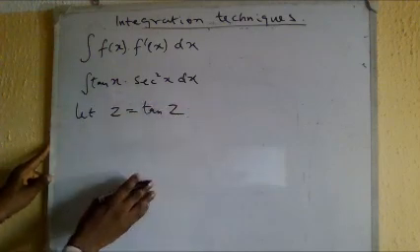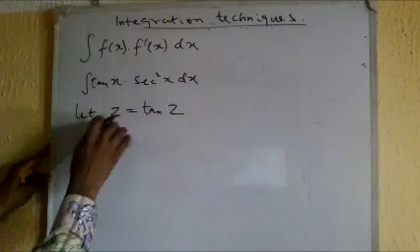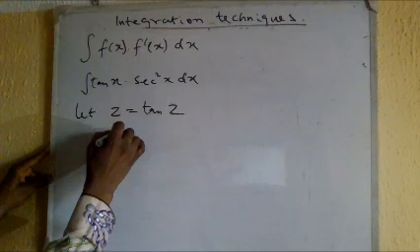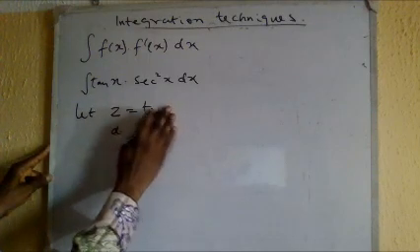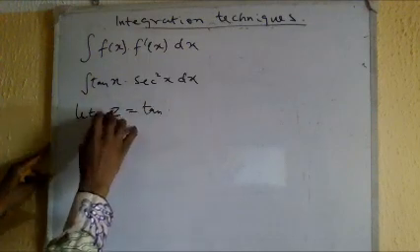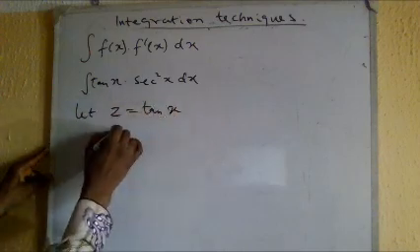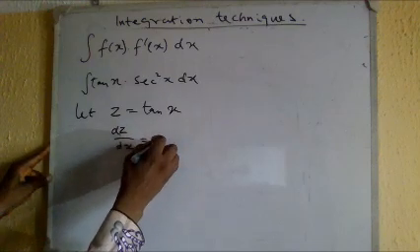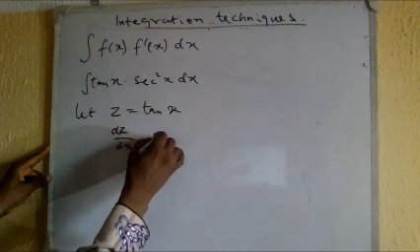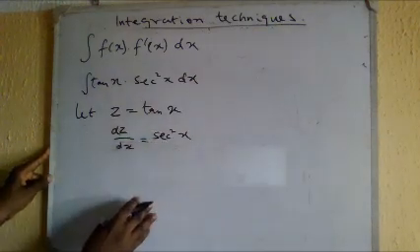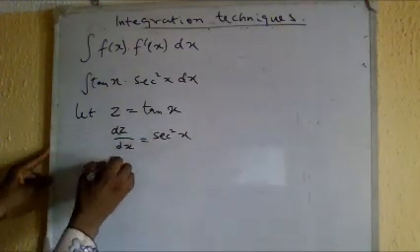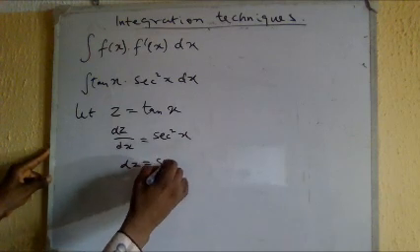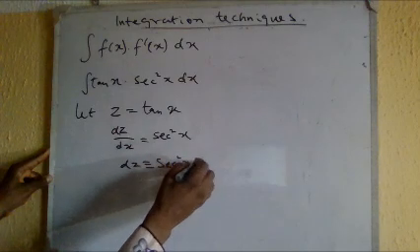Now if I differentiate, so let z be tan x, sorry, if I differentiate dz to dx, I get sec squared x. So making dz the subject, it's equivalent to saying sec square x dx.